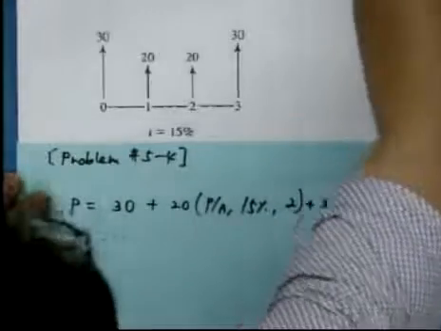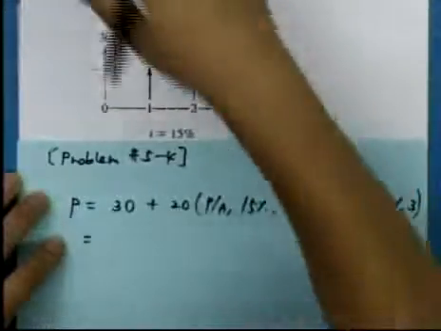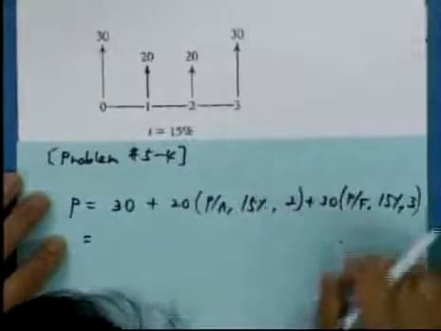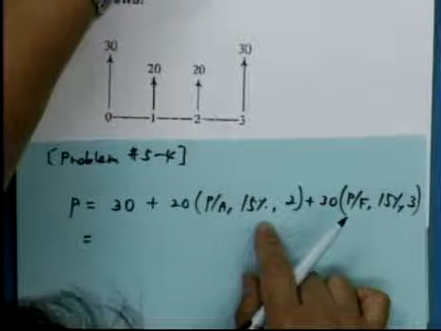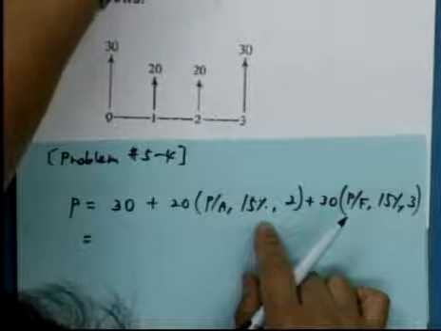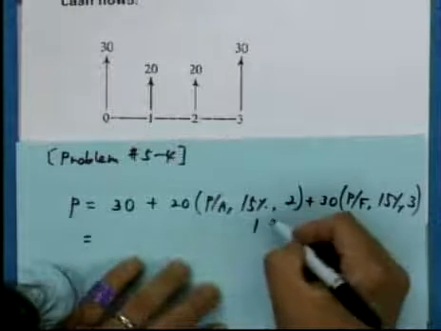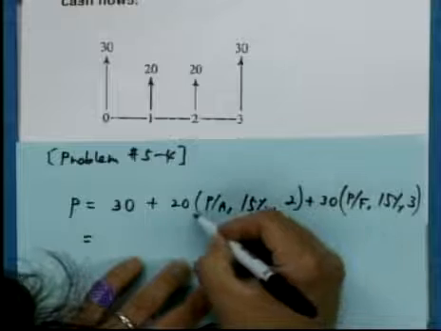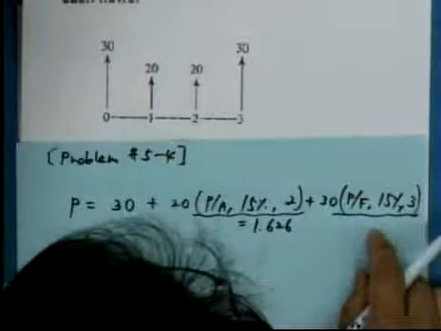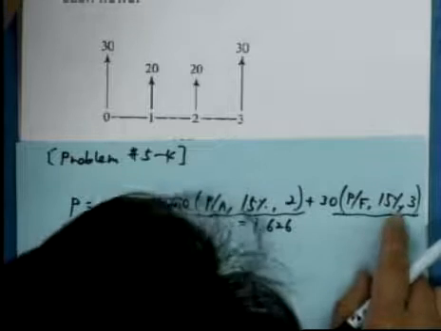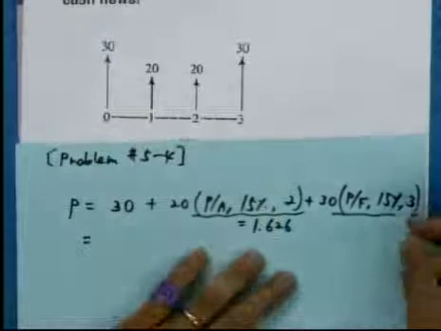And what about these factor values? If you look at our text page 615, you can get these values. P given A over 2 periods is 1.626. How about this? P given F over 3 periods is 0.6575.